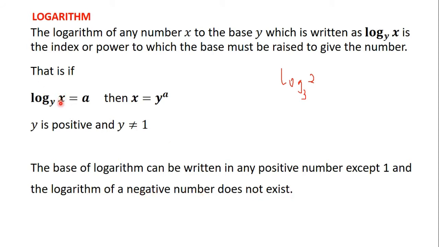So here the logarithm number, which in this case is x, cannot be negative. So you can't have log negative 2 base 3. Remember that the logarithm base here must be positive and it must not be 1.